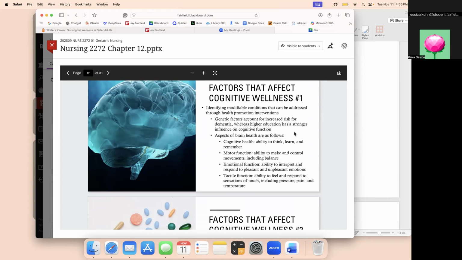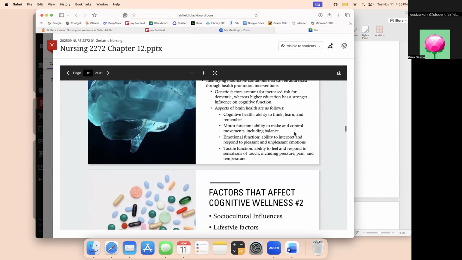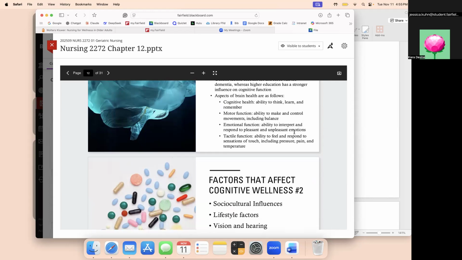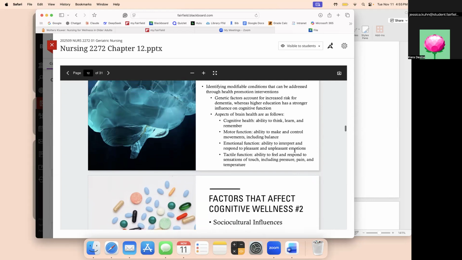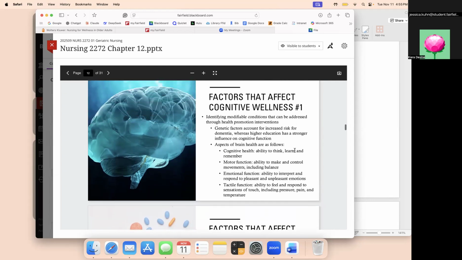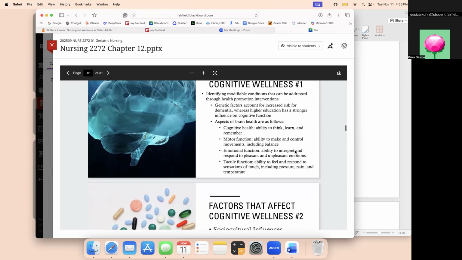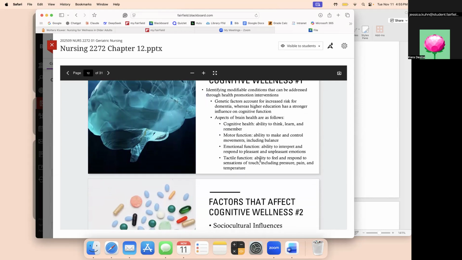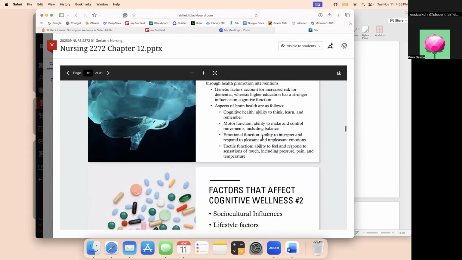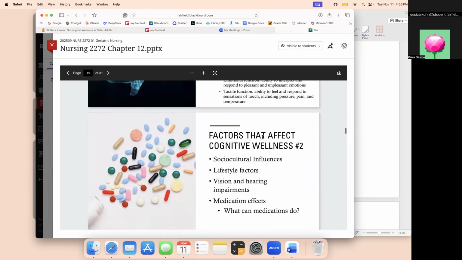Aspects of brain health: cognitive health, ability to think, learn, and remember; motor function, the ability to make and control movements; emotional function, ability to interpret and respond to pleasant and unpleasant emotions; and tactile function is the ability to feel and respond to sensations of touch, including pressure, pain, and temperature. These should all stay relatively intact with only slight declines. Like we said, anything significant we want to be assessing a lot further.